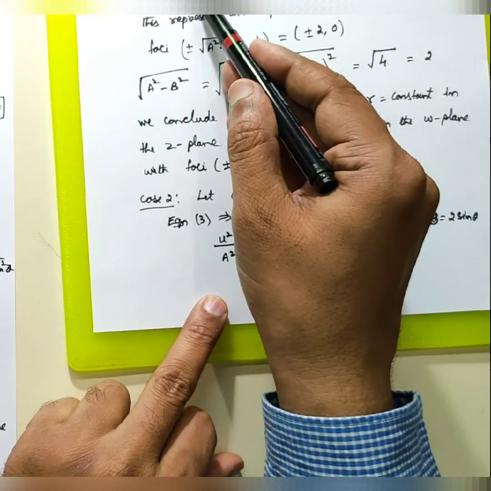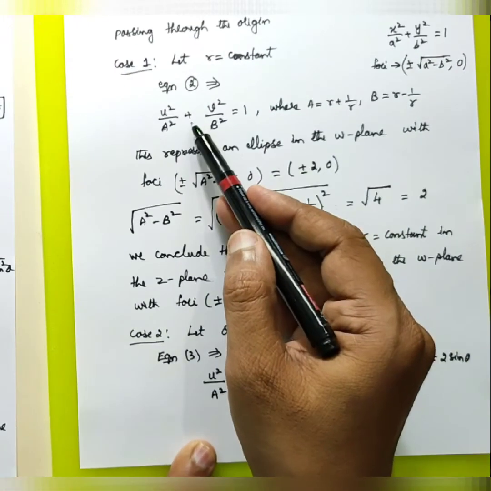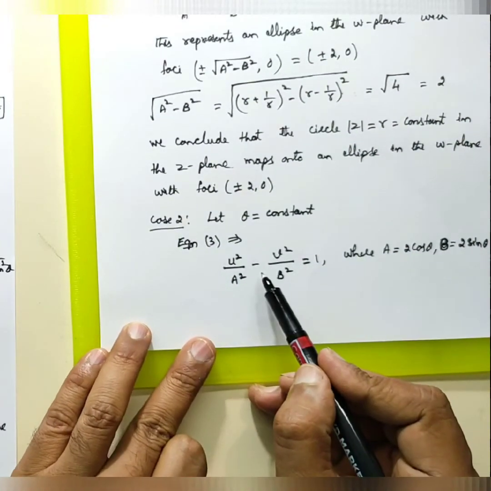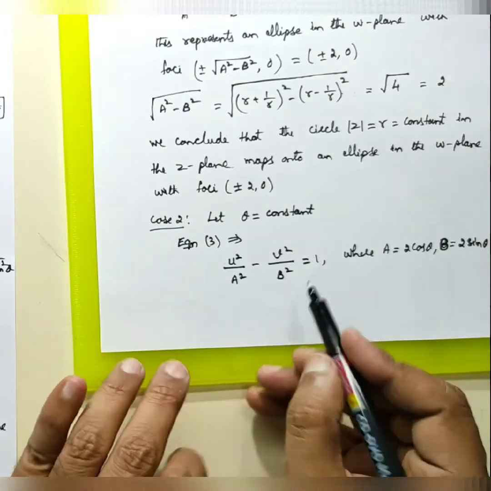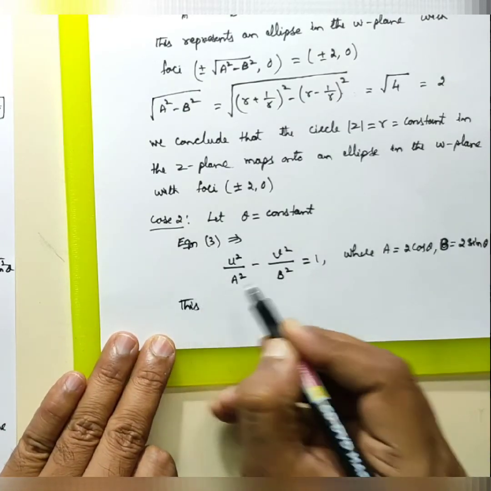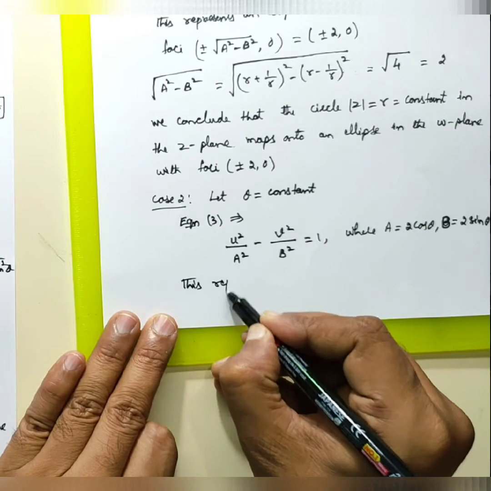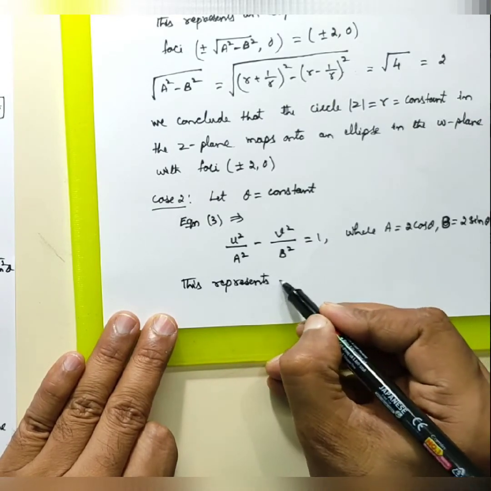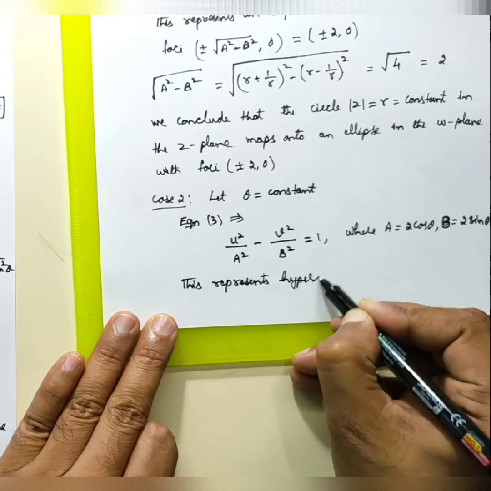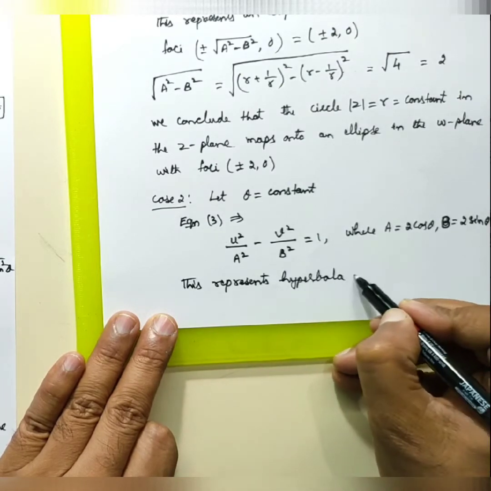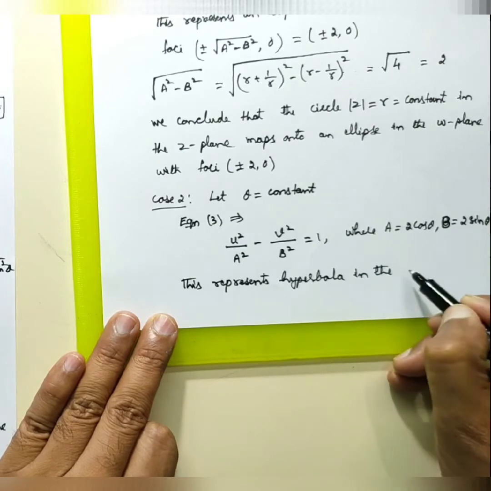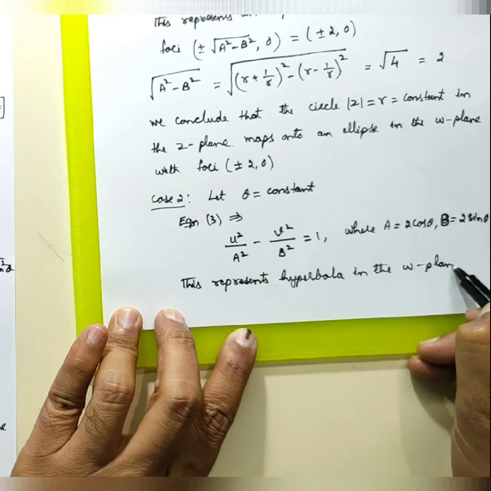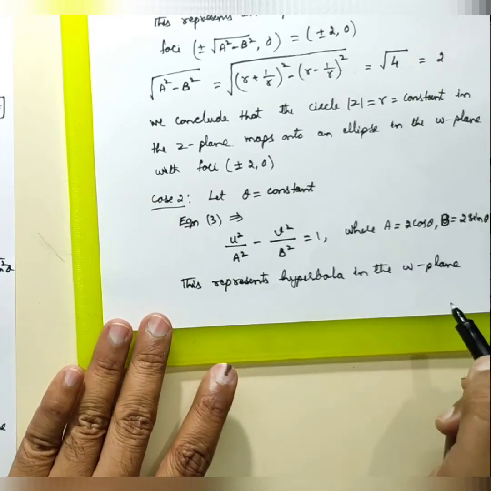In the earlier case it was plus, therefore it was an ellipse. Now you have got minus, therefore it will represent a hyperbola. So this represents a hyperbola in the w plane, because it contains u and v, therefore it is in the w plane.